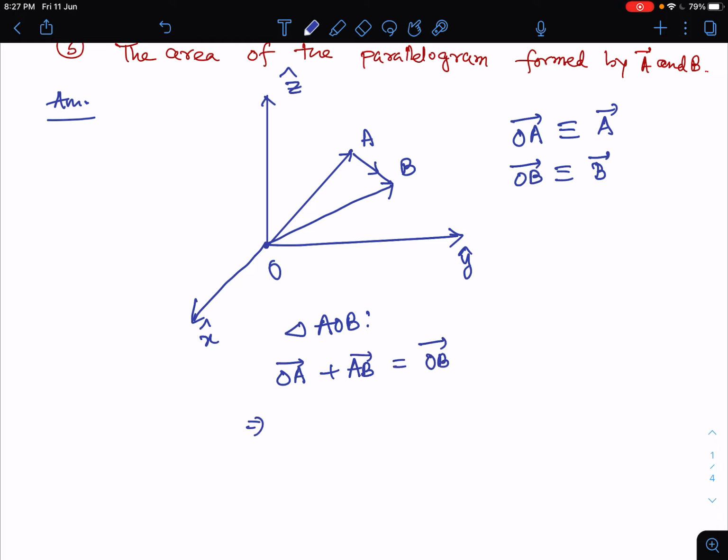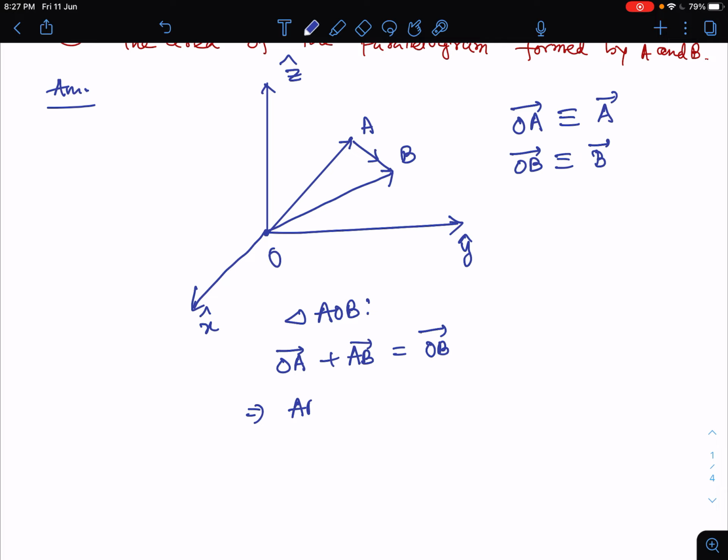So what is AB? AB is nothing but OB minus OA.